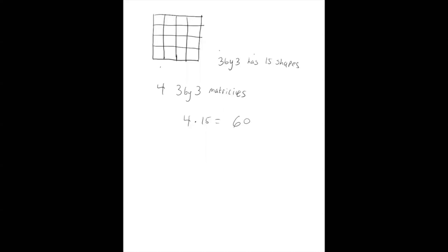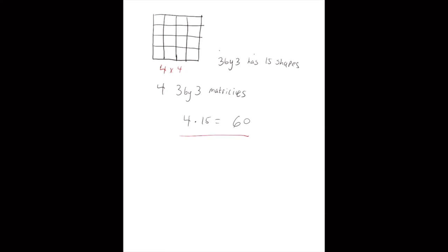So here we note that we have 15 shapes within a 3 by 3 matrix. We have counted that we have 4 3 by 3 matrices in this 4 by 4 matrix. And so down here we can multiply and we get 60.